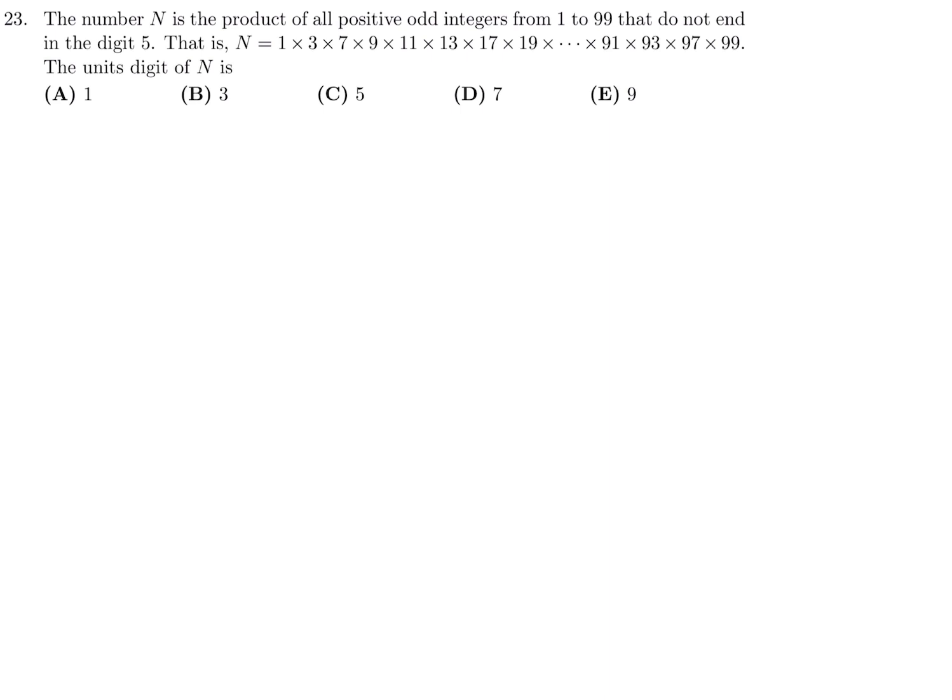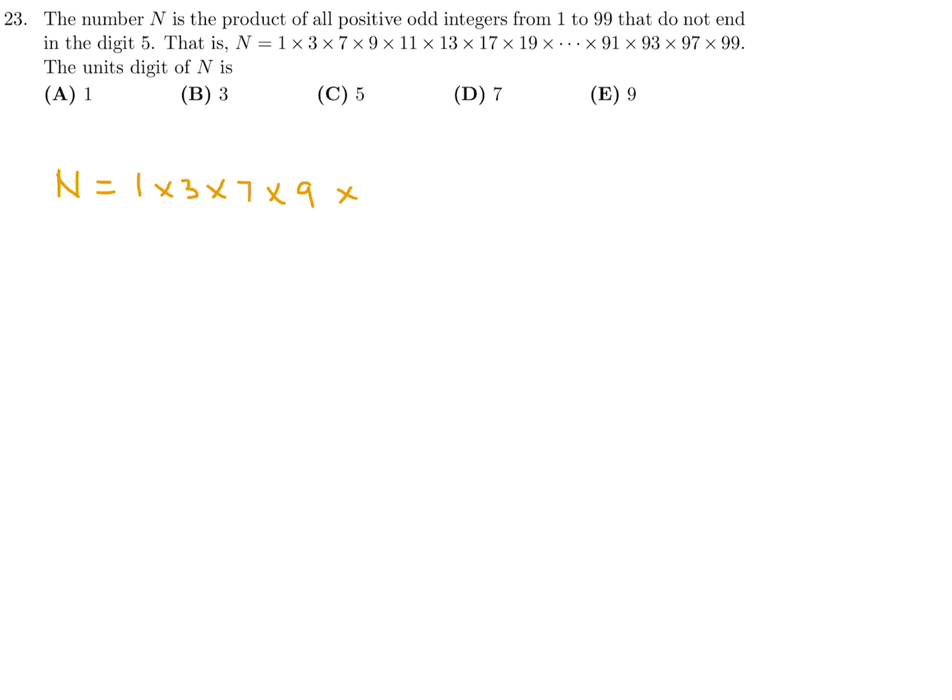Okay, so let's talk about this first. N is 1 times 3 times 7 times 9. And remember, they skip over any number that has a 5 at the end. So as you notice, there's no 5 in here, right? Because if it was all positive odd integers, you'd have 5 in there, but they're not counting the 5s.